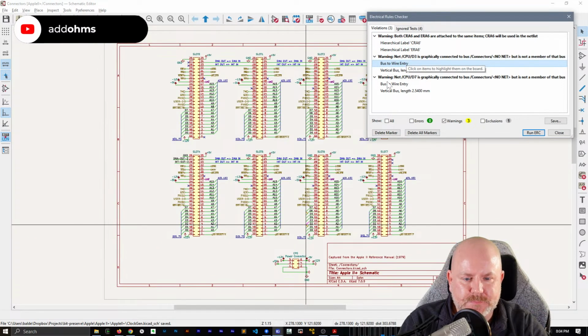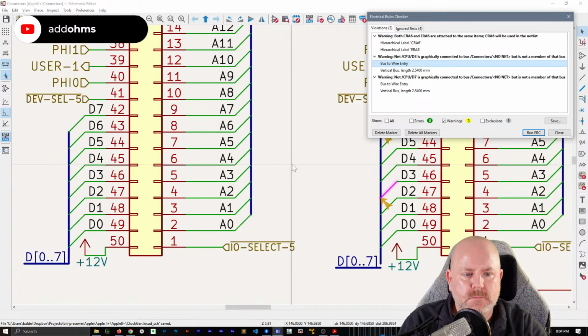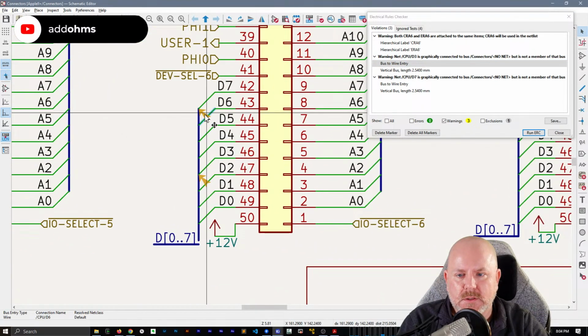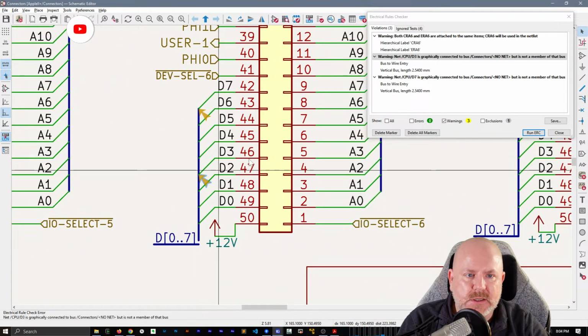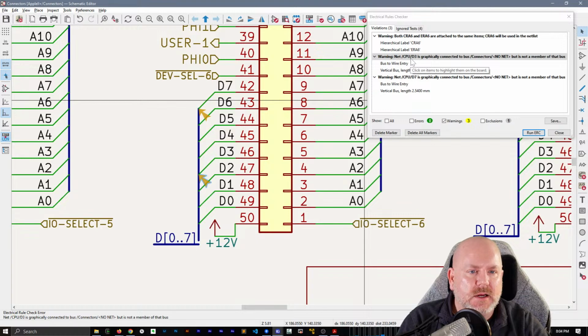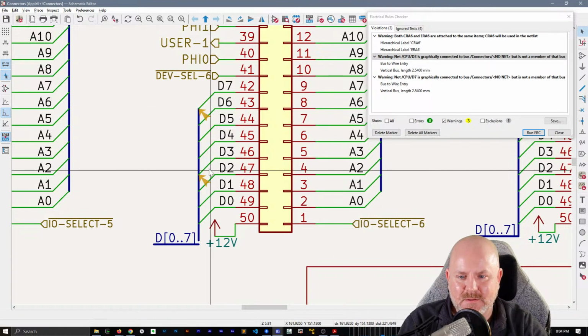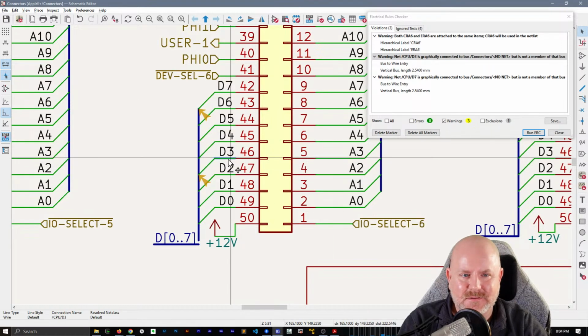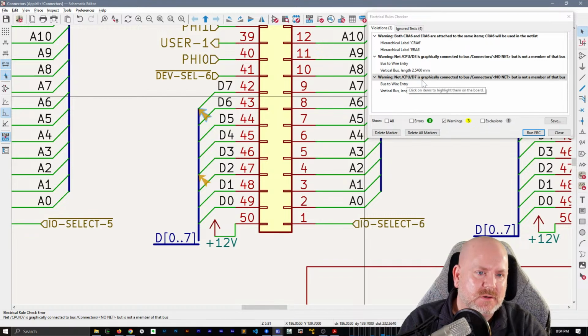What is this one? So D and D. So what is this saying? D3 is graphically connected to bus, but it is not a member of that bus. What? Is that what this one is too? D7 is graphically connected, but it is not a member of that.